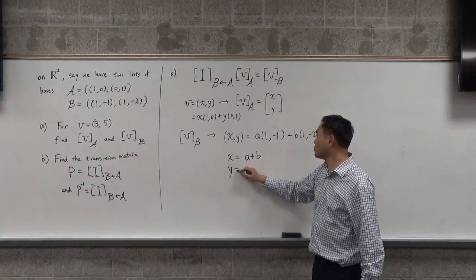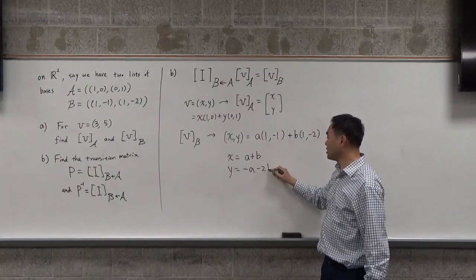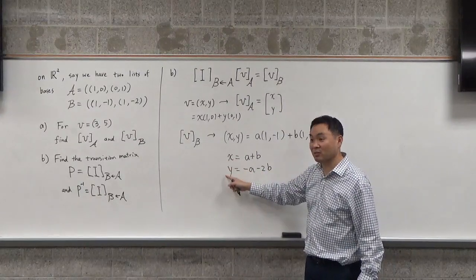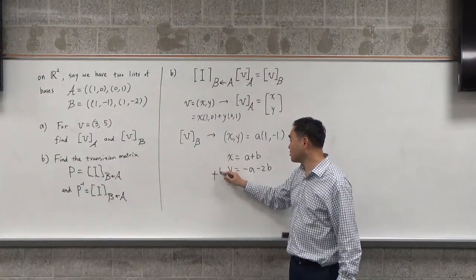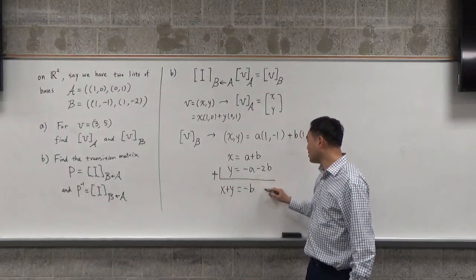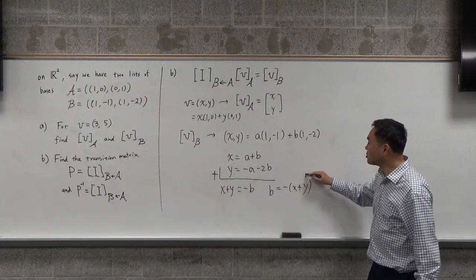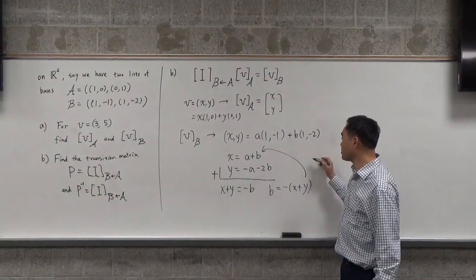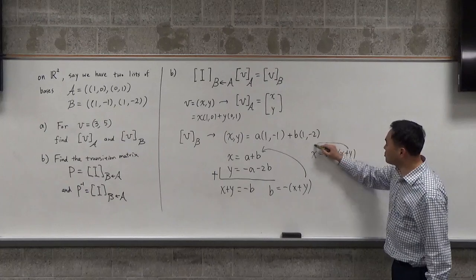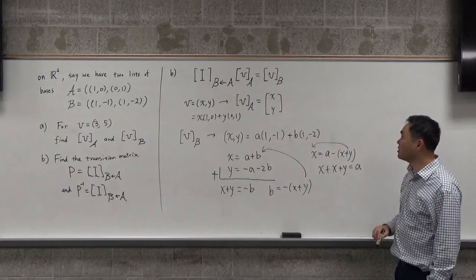And then y would equal a times negative 1, negative a, b times negative 2, negative 2b. It's exactly like the same situation I just did with the numbers 3 and 5 here, right? And the way you solve it is the same as well. You add them and get x plus y as negative b. So b would be equal to negative x plus y. Plug that back in here, and then you move it to the other side and get x equals a minus x plus y. Move it to the other side, you get x plus y equal to a.